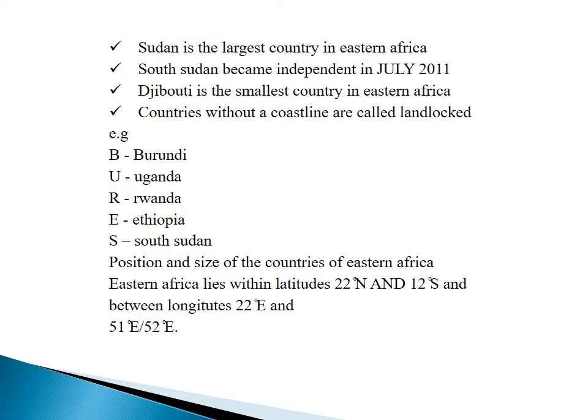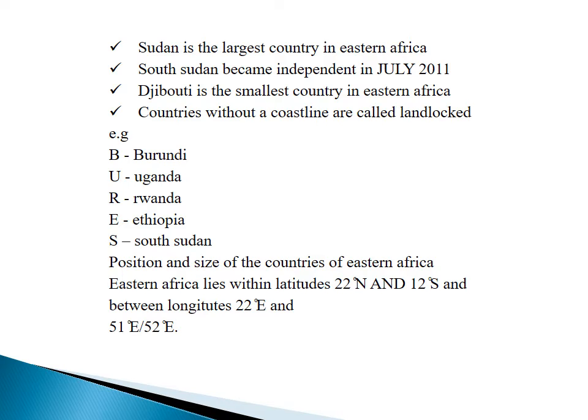Eastern African countries lie within latitude 22 degrees north and 12 degrees south, and between longitude 22 degrees east and 51/52 degrees east.